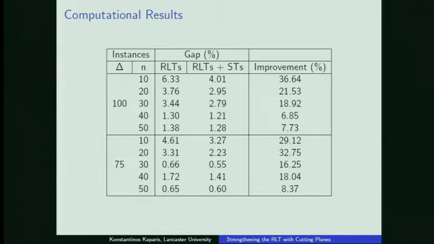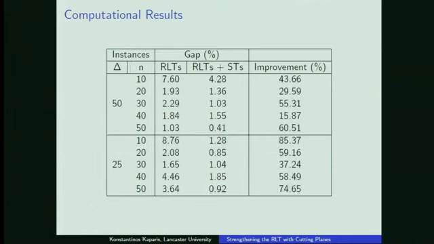As we add more and more cuts, it's not the separation that takes time, it's actually resolving the LP. And yep, the next table has the same results. You can see that for sparser instances, those ST cuts become more important in terms of the additional percentage of gap closed.